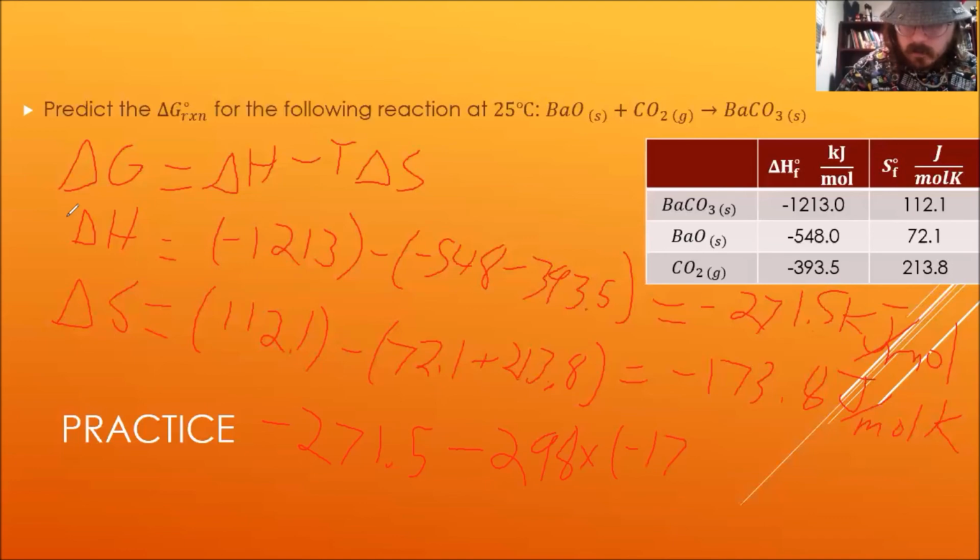So we say times, in 1 kilojoule, there are 1,000 joules. So that big effect of the T delta S is blunted by the fact that this is all in joules. So this whole thing comes out to a positive 51.79.